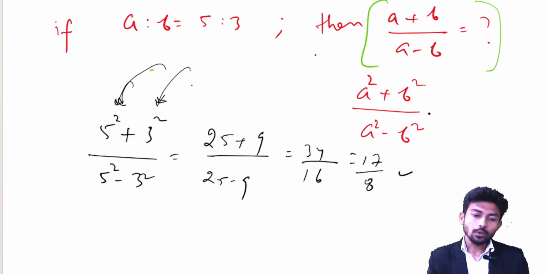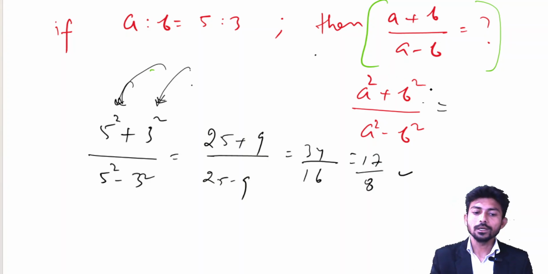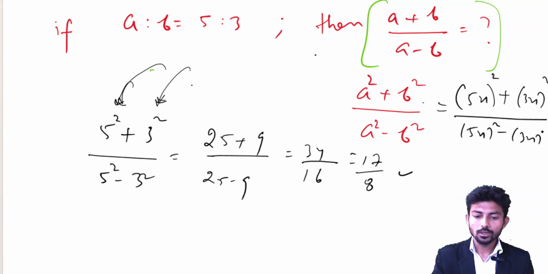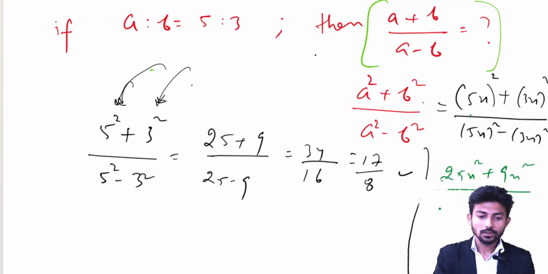Okay, now if for this fraction I am taking a as 5x, so let's suppose like this, 5x whole square, for b it is 3x whole square, while in the denominator I'll be writing 5x whole square minus 3x whole square. So I will be getting the answer here: 25x square plus 9x square over 25x square minus 9x square.